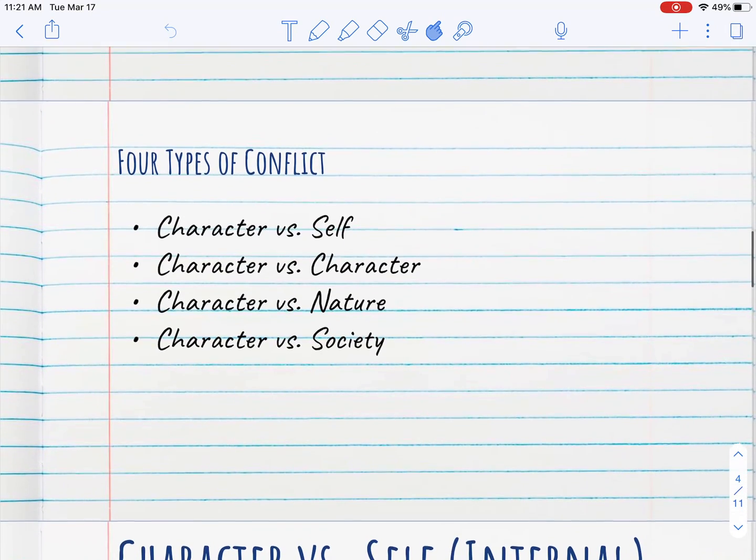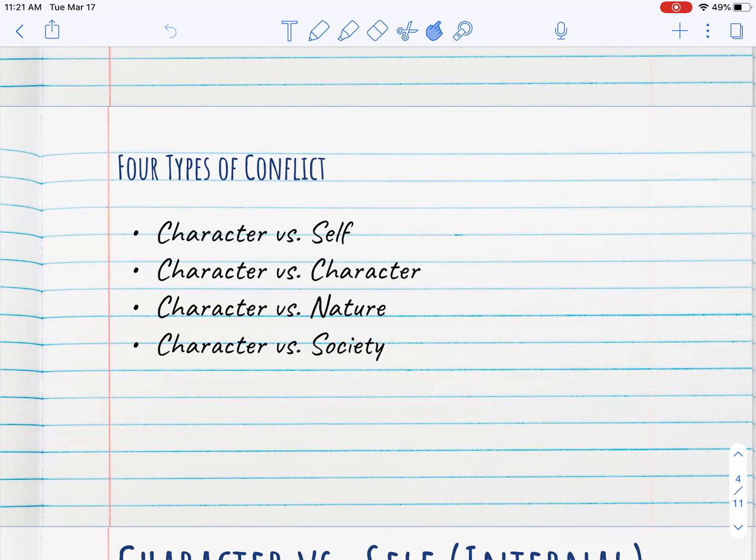The 4 types of conflict we're going to focus on is when a character has a problem with themselves. So they're struggling with some internal decision or choice they might have to make. Then we're going to talk about characters who have struggles or conflicts with other characters within the book.